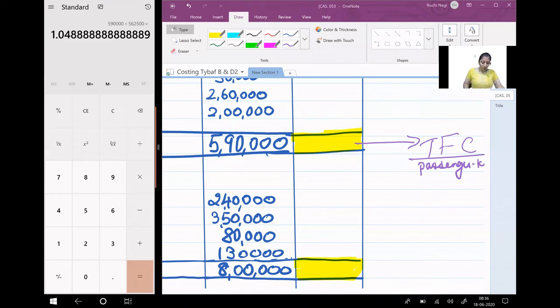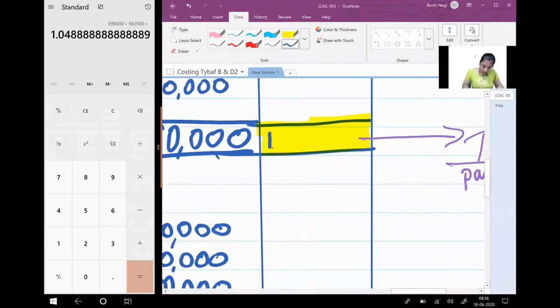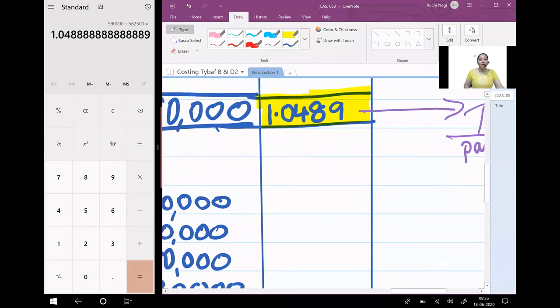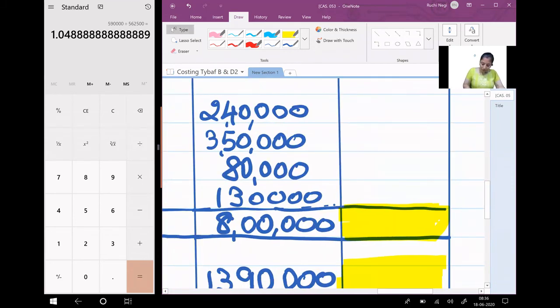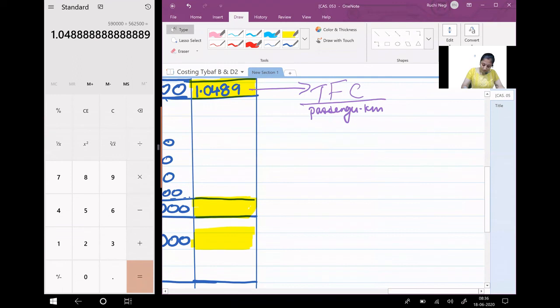So my answer is 1.0. You can go up to 4 decimals for accuracy. I repeat, students, you can go up to 4 decimals for accuracy. So 1.0489. Since I'm doing cost accounting, I always have a habit of going up to 4 decimals for a more accurate answer. So 1.0489. Okay. Then next, come to variable cost. So the logic behind this will also be the same.